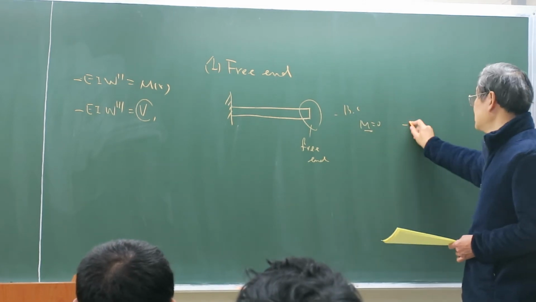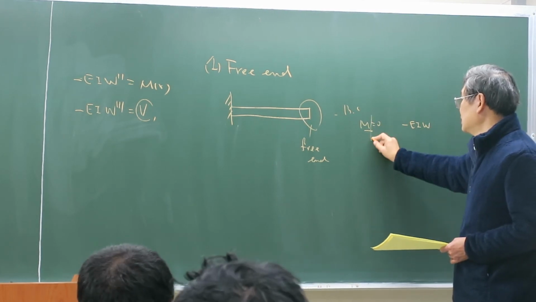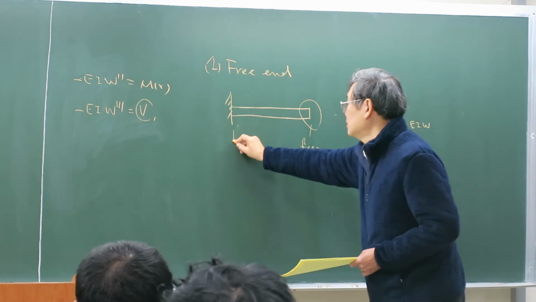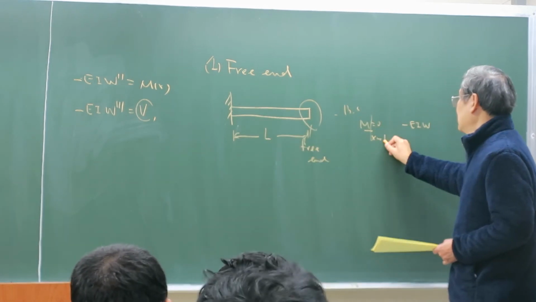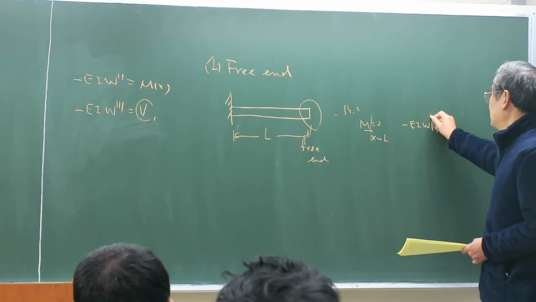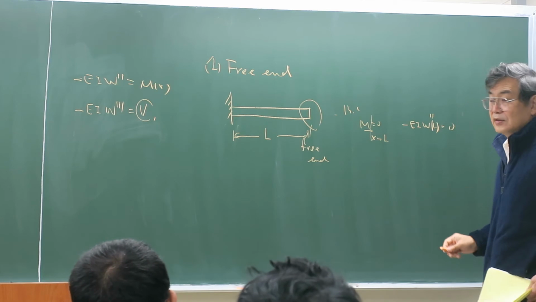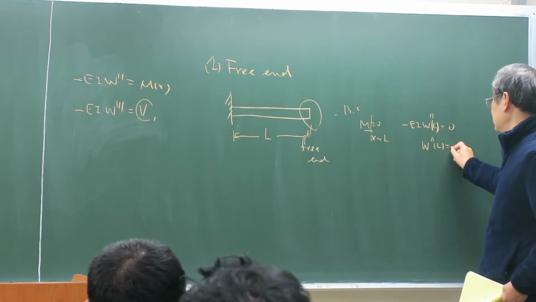So that means minus EI W double prime at x equal to L, for example this is L, equal to 0. Right? So that means we have W double prime at L equal to 0.